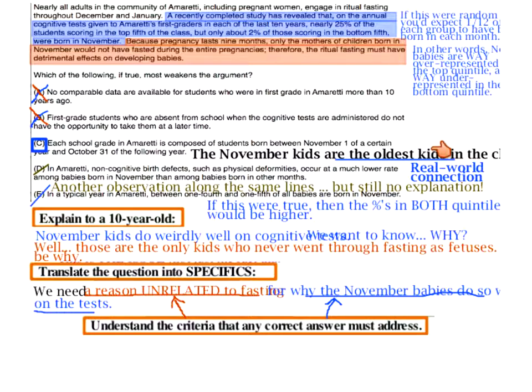So this is not any sort of weird, far-fetched thing. One year of development in a kid is a big, big deal, especially a kid as young as first grade. But if you think it's far-fetched, feel free to explain why that might be so.